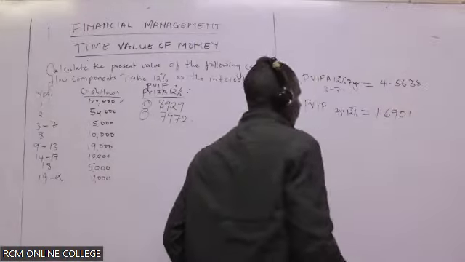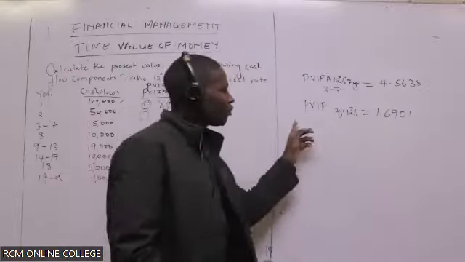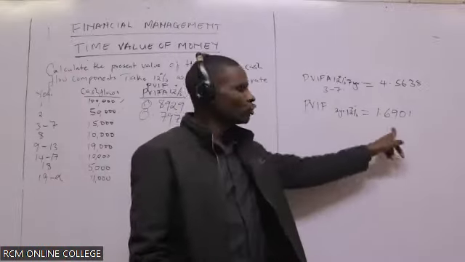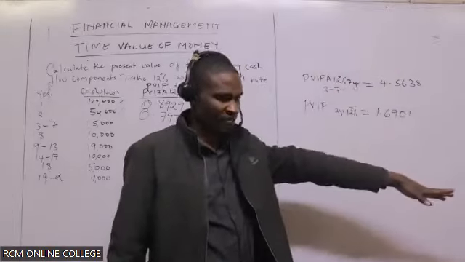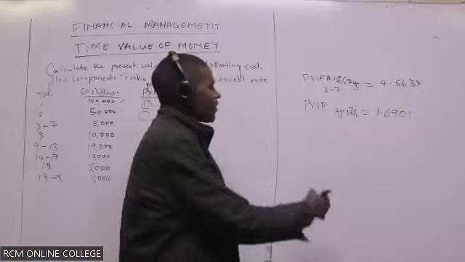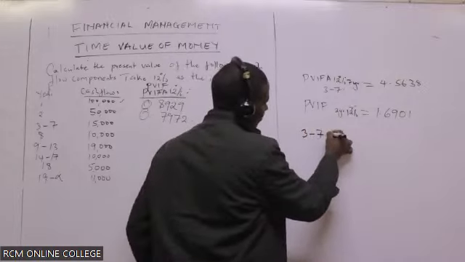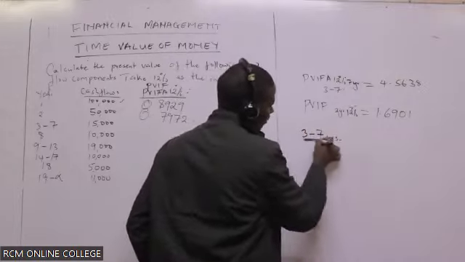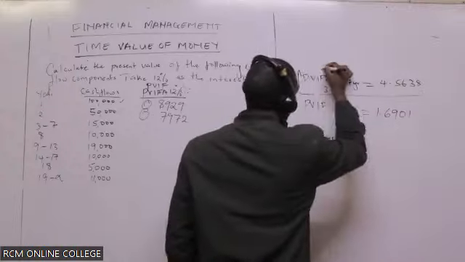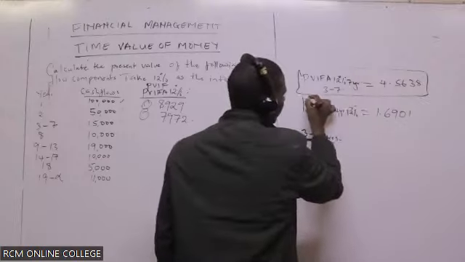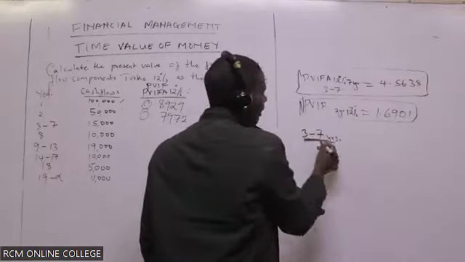1.6901. Haya. Kama hii ndio PVFA ya 2 years, nayo hii ndio PVFA ya all 7 years. How do we get PVFA ya 3 to 7 years? How do we get that value? Si tunachukua hii yote, hii kubwa, tunatoa hii ndogo. Hiyo difference itabaki ndio itakuwa hii.